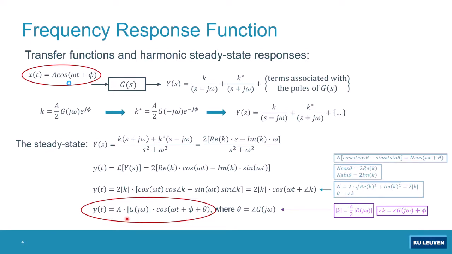If you look at this response, the response is indeed still harmonic, where the amplitude here will be magnified by the magnitude of g j omega, and the response here will have a lag of theta, where theta here is equal to the angle of g j omega. Okay, so this is what the frequency response function will tell us for a particular system with a particular transfer function.